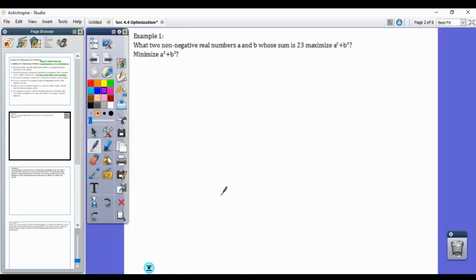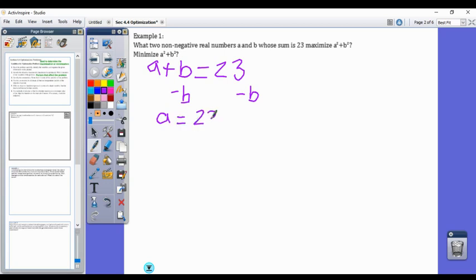Okay. So the first thing that we are realizing is that we have a plus b, the sum is 23. So what I'm going to do is solve this for a. All right, so I'm going to get a equals 23 minus b.